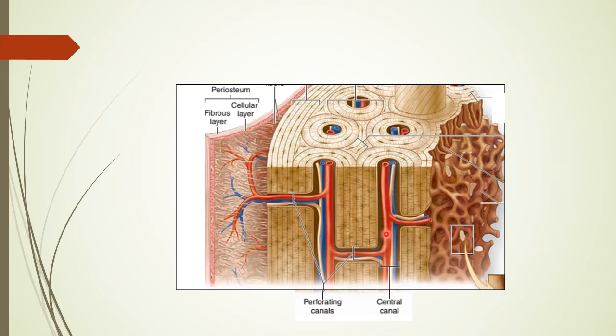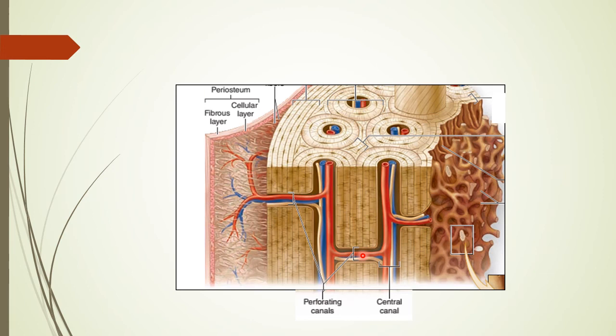If we notice in the longitudinal section, there is a connection, a canal, between this osteon and the neighboring osteon. There is a canal between the bone marrow cavity and the central canal of the osteon. Also the central canal of this osteon connects with the periosteum. These transverse canals are called perforating canals or Volkmann's canals.